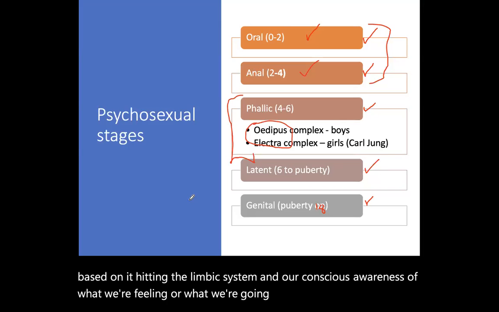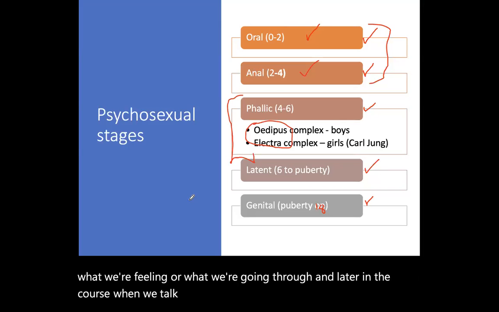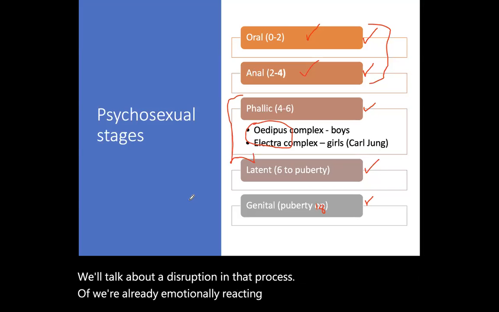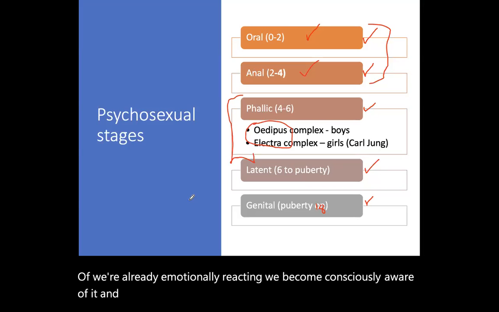And later in the course, when we talk about psychopathology, we'll talk about a disruption in that process. We're already emotionally reacting, we become consciously aware of it, and we then choose how to react on that emotion.